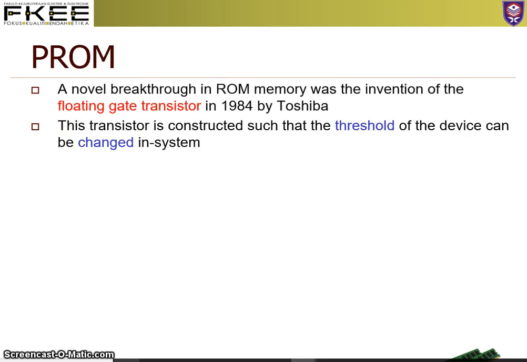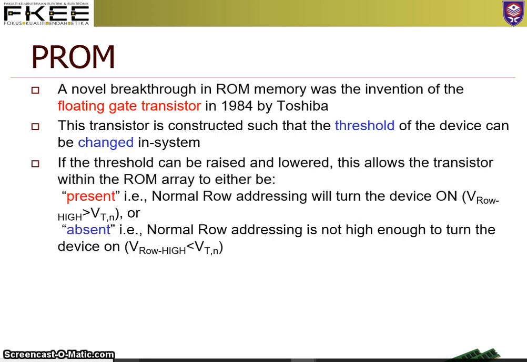This can be done because in 1984 Toshiba invented a floating gate transistor. With a floating gate transistor, the threshold of the transistor can be changed in order to have a logic 1 or logic 0.